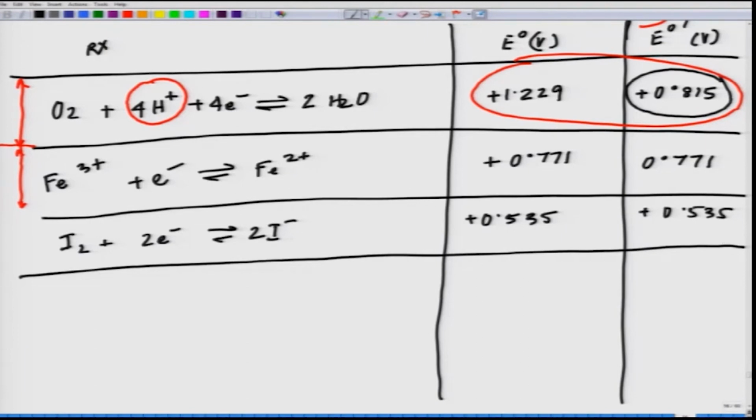Now, I come to another situation where you have the biological molecule like cytochrome.